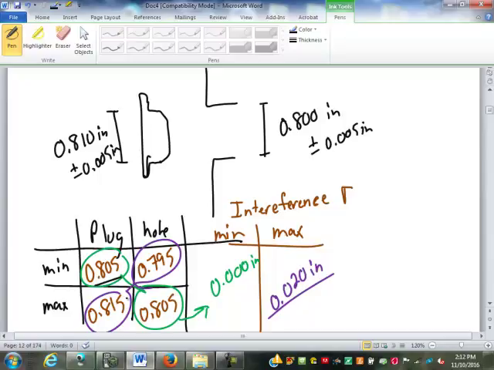Now, chances are, if they're taking, like I said, a couple dozen, 20 or 25 parts, they might get some that are a little on the small end, but they're going to get some a little on the large end. They should average out to be really close to the design size, but it's always possible that they can get a bad sample, that they just take a sample that's all too small or all too large. So it is very possible they can do that. It's an art to do it. It's very statistical.